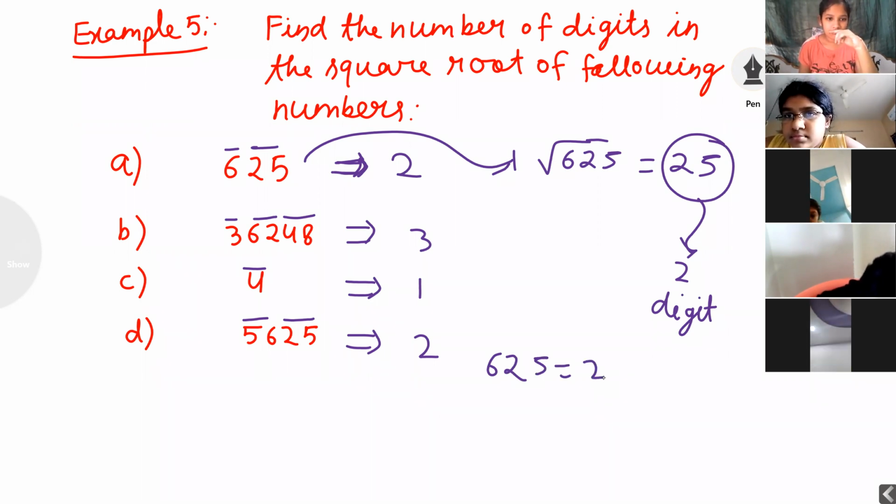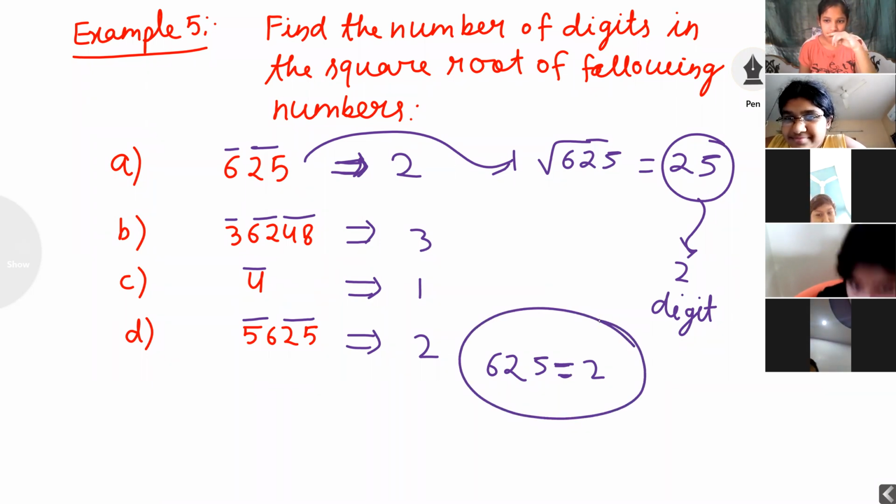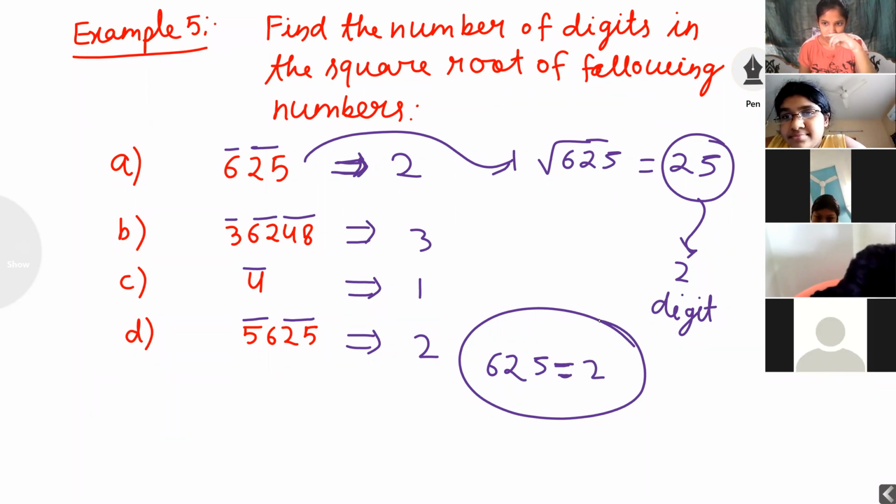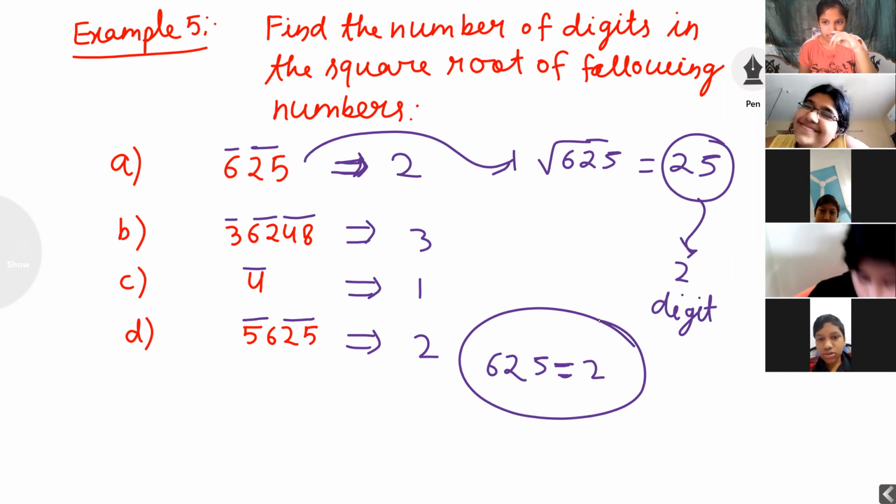If you write that, others will think you are a foolish man. You will never write like that. 625 is not equal to 2. It means you are changing complete mathematics. I am giving 625 rupees, you are giving 2 rupees. Are both equal? Both are not equal. Don't write the equal to sign. That's why I have kept the implies that symbol here. If you write any answer, students, write it with proof, beta.